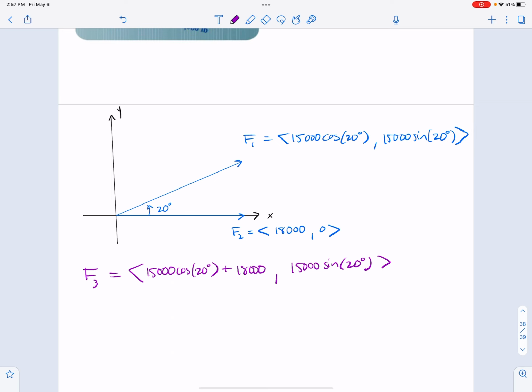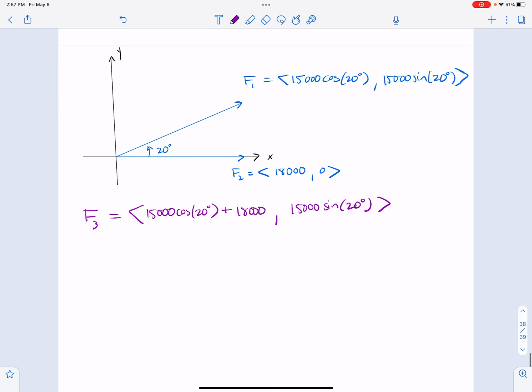So just adding the horizontal and the vertical components together. The magnitude of the force, right, that'll kind of end up being F3.